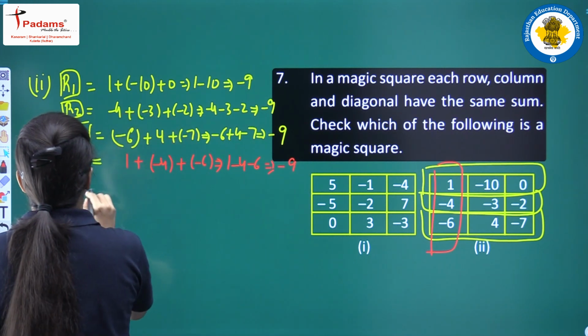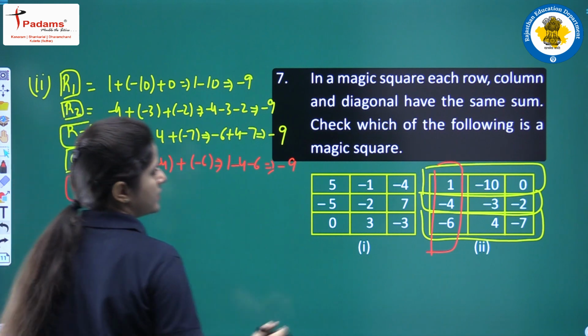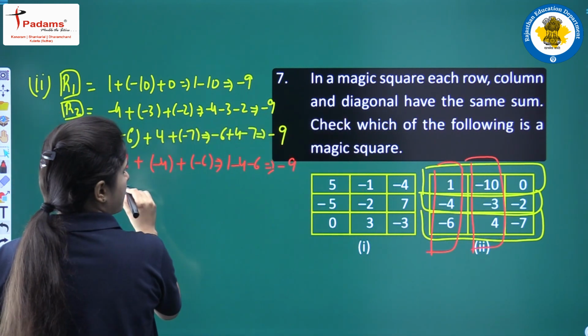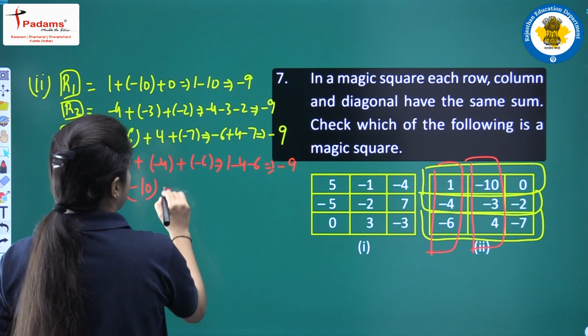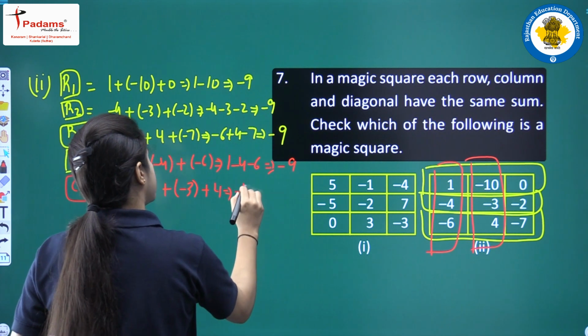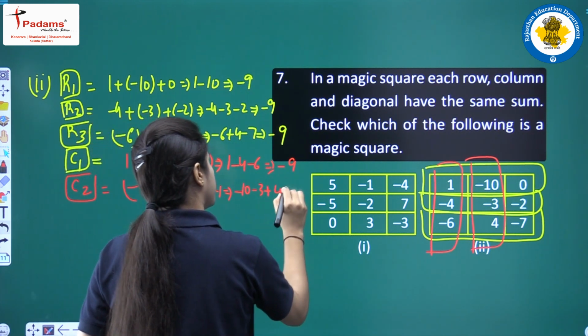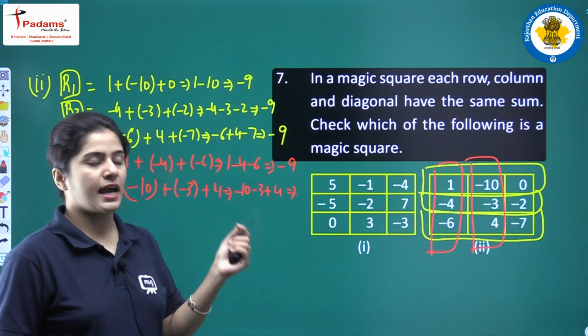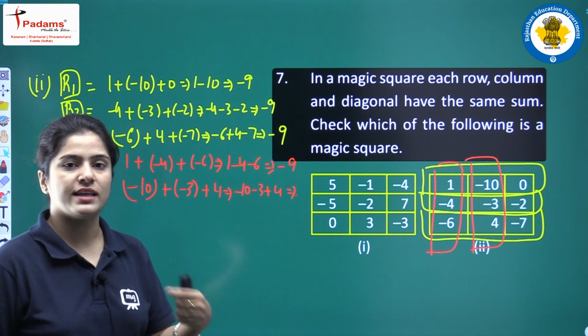Okay, students. So now column 2, this is column 2, minus 10 plus minus 3 plus 4, minus 10 minus 3 plus 4 is equal to minus 13, and minus 13 plus 4 is equal to minus 9.